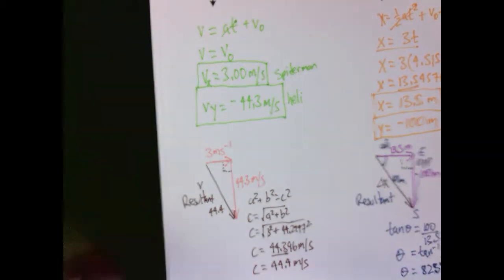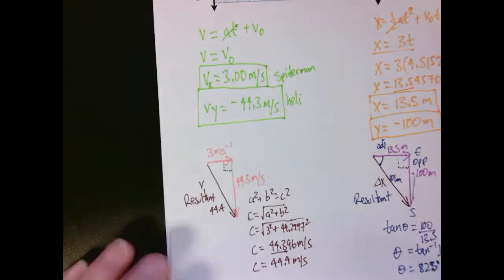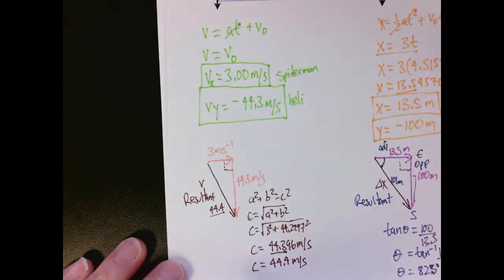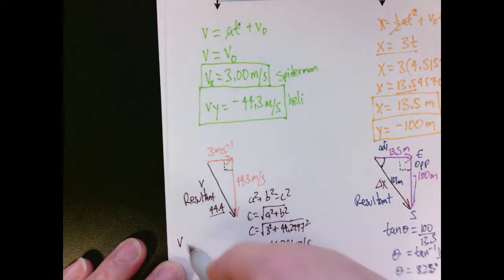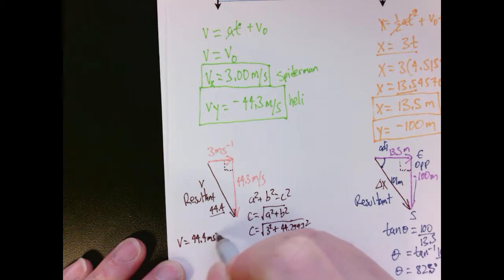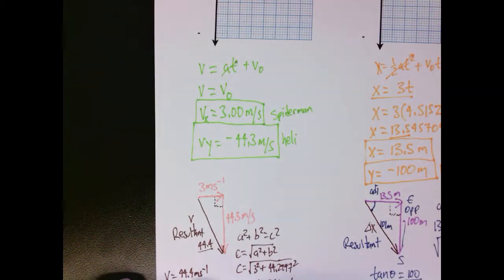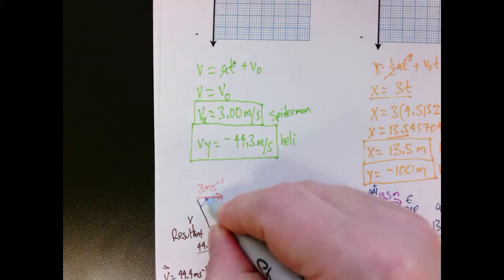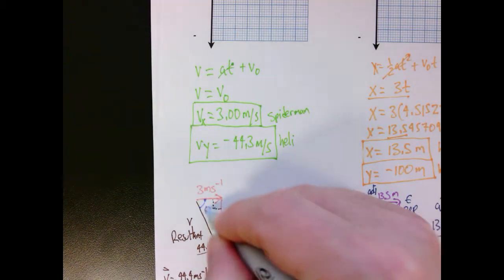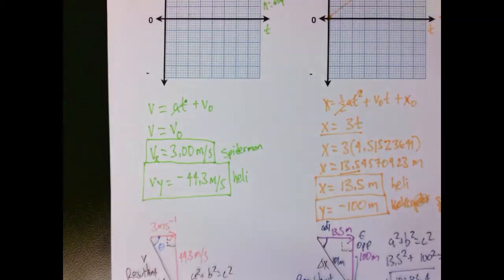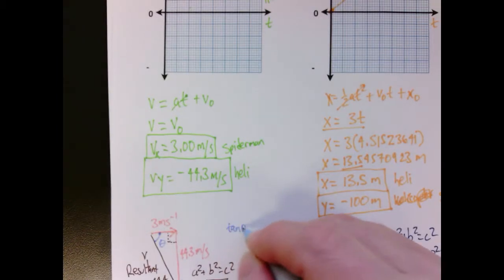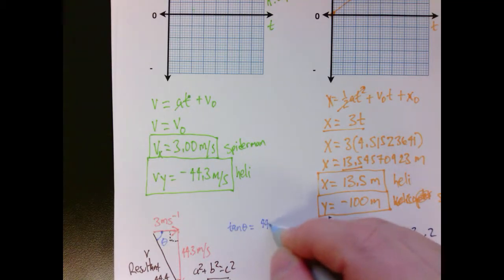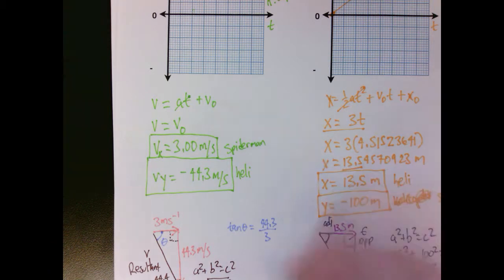So of course, if we're looking for the impact velocity, we have a velocity that is equal to 44.4 meters per second, but since it's a velocity, we need a magnitude, and we need the direction. So the direction, again, we can use tangent of this angle, and we have tangent of theta is 44.3 over 3.